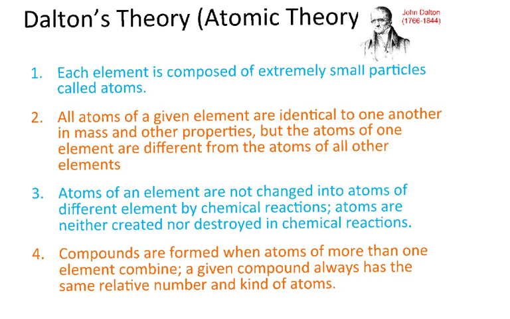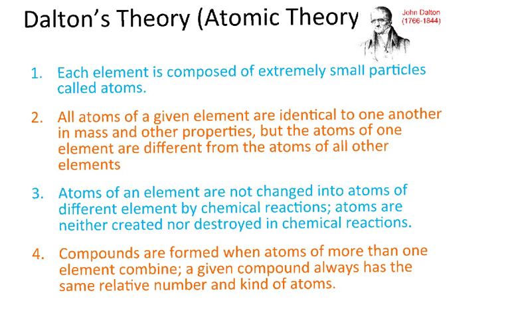Okay, so these experiments led to John Dalton's atomic theory. So essentially, the atomic theory is saying that elements are composed of particles called atoms. The atoms in a particular element are identical to one another.